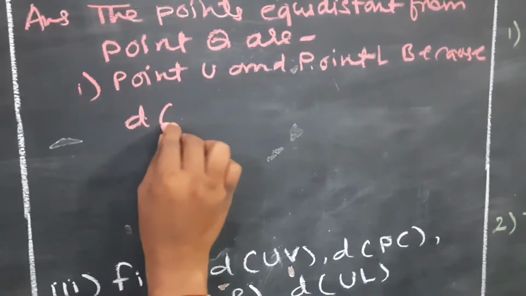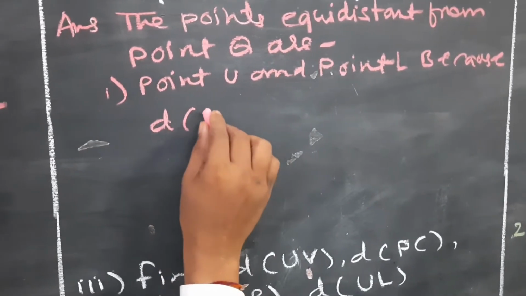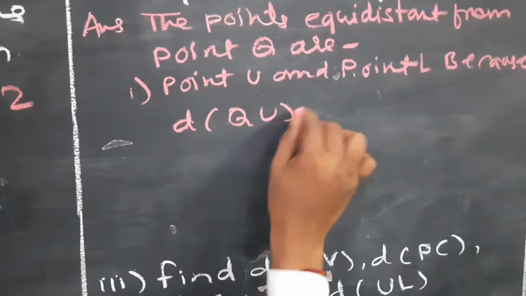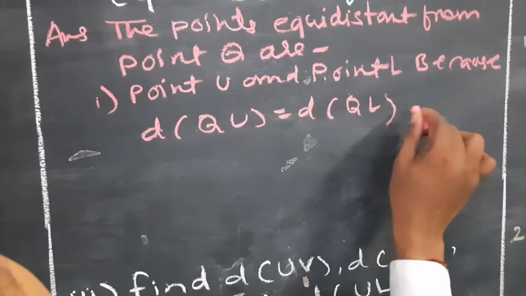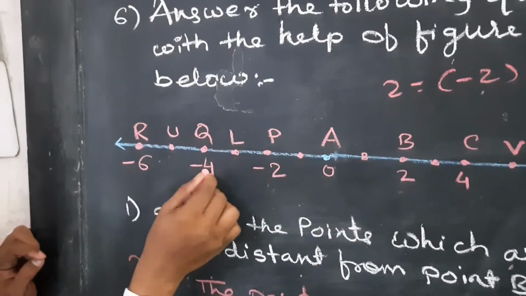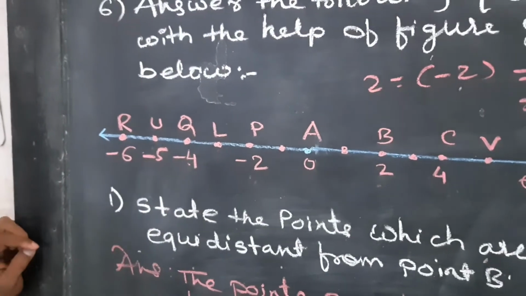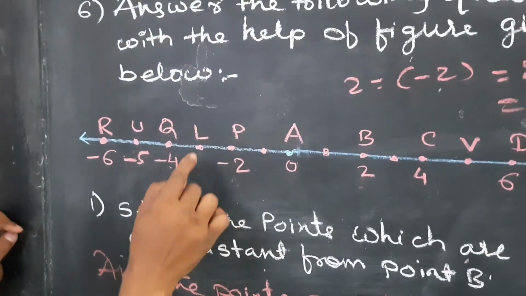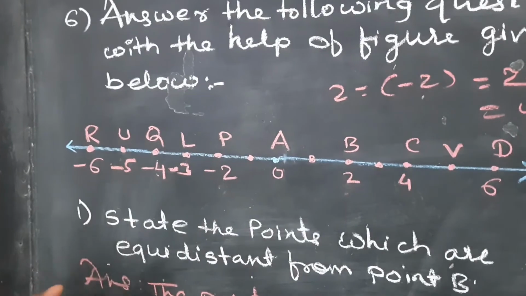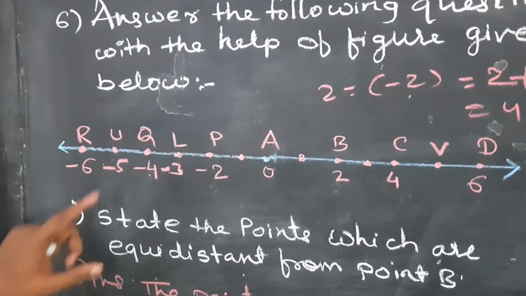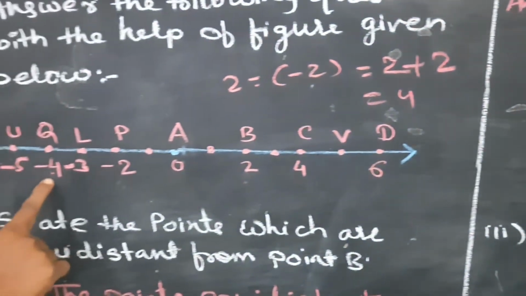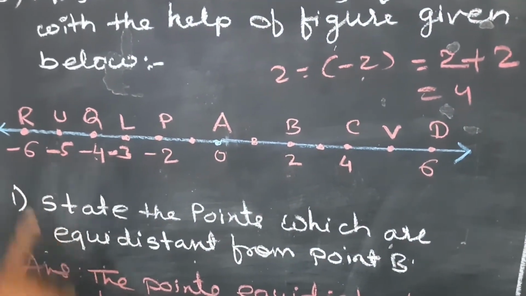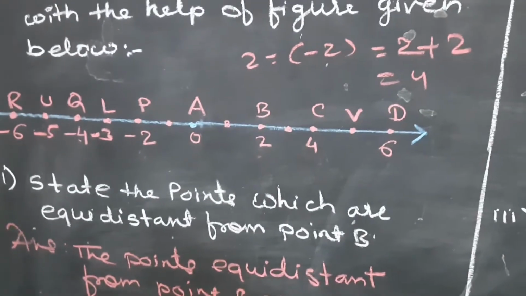the distance of QU is equal to the distance of QL. Here you can see that Q is -4, and U is -5. Similarly L is -3. Now, larger coordinate minus smaller coordinate. First the distance QU: Q is -4 and U is -5, and we know that among negative numbers the smaller number is greater.